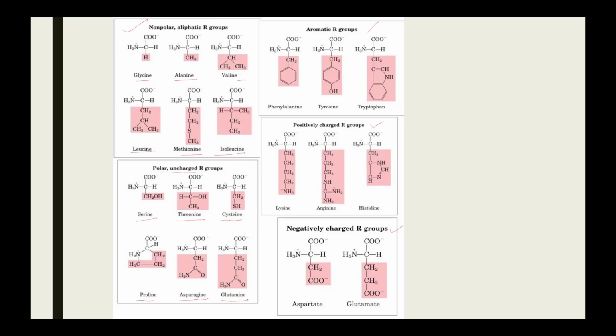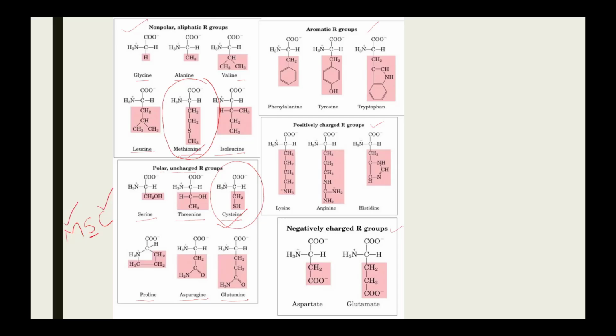And among these amino acids, there are two which contain sulfur in their structure: methionine and cysteine, which are sulfur containing amino acids. You can remember it as MSC. S is for sulfur, M for methionine, C for cysteine.